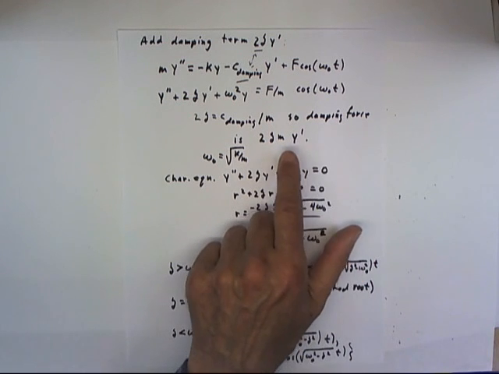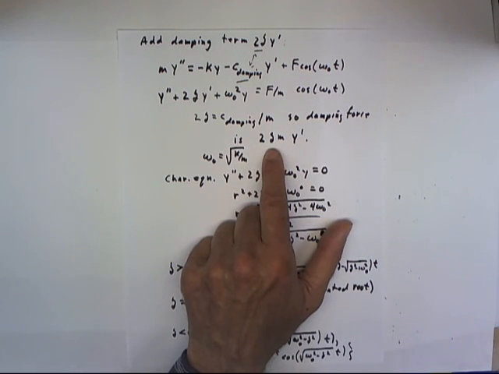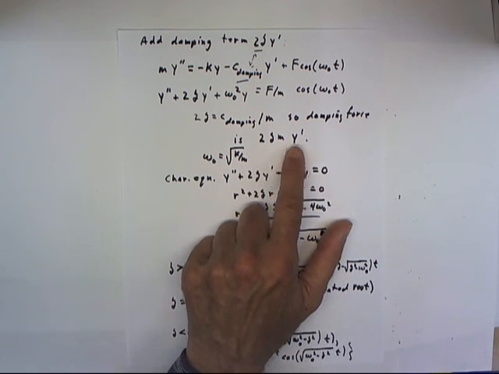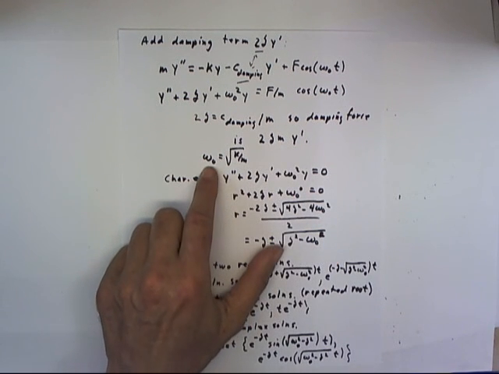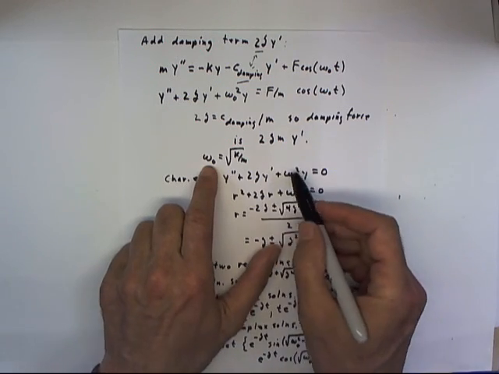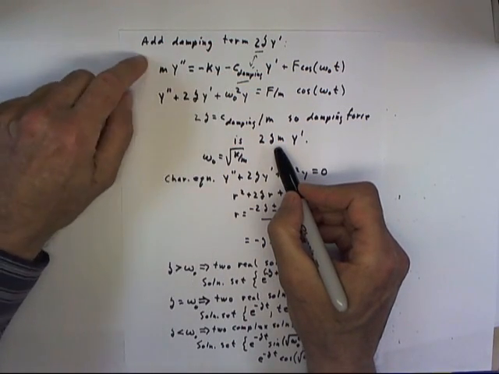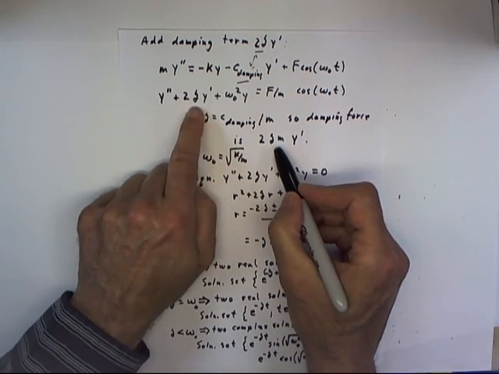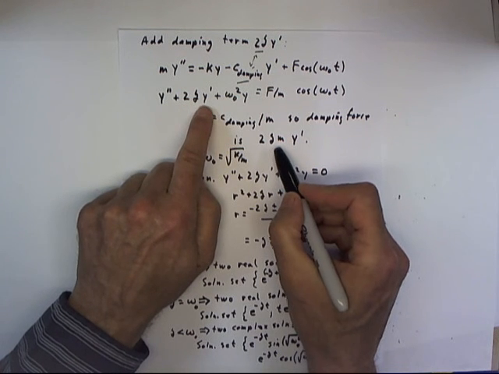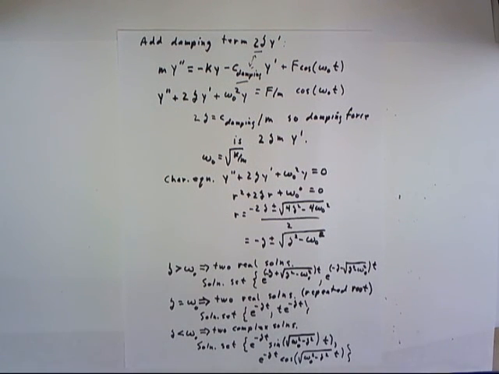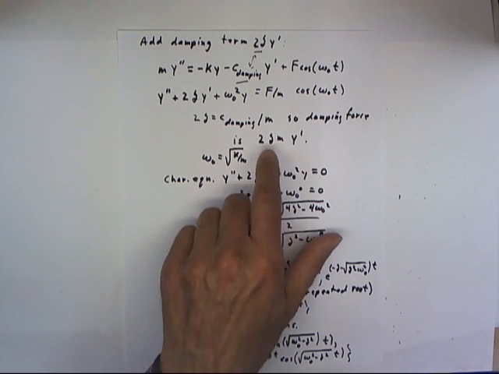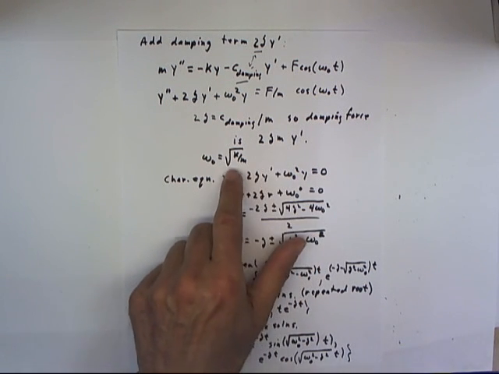Okay, so in any case, the damping force is then going to be 2 delta times m y prime. And when we then substitute that for C damping and divide by the m, we do end up with a 2 delta in front of y prime. If you're keeping track of the units of these quantities and the meanings of the quantities, again, I think better off to make sure we understand where the mass comes in.